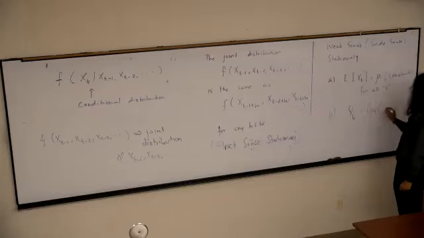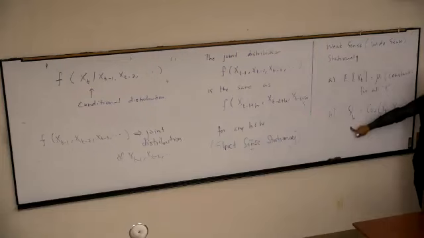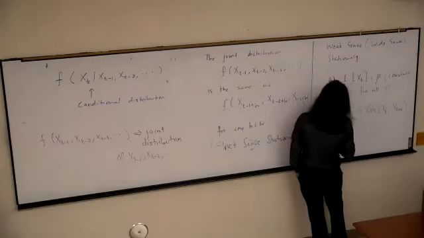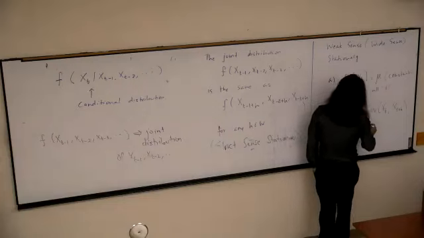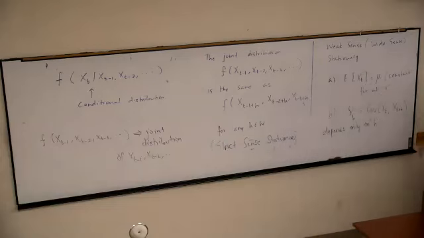So autocovariance of Xt and Xt+h, if h is positive, that's fine, negative, that's fine. So if we have gamma(h), this depends only on h. It depends on the lag, it does not depend on time.